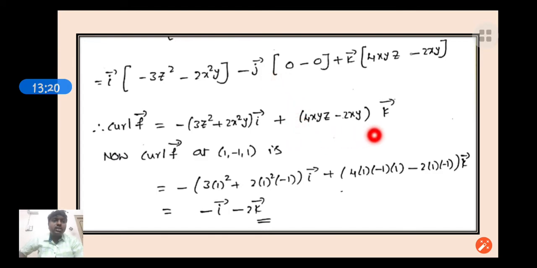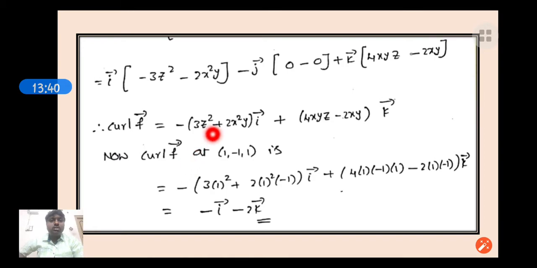Now I am writing curl f bar at a particular point 1, minus 1, 1. It is just enough to replace the values x equal to 1, y equal to minus 1, z equal to 1 in the resultant vector point function curl f bar.